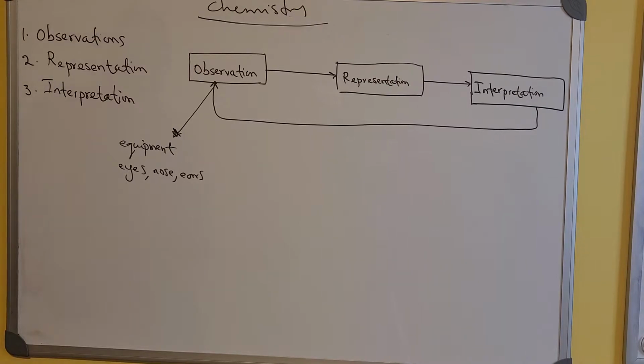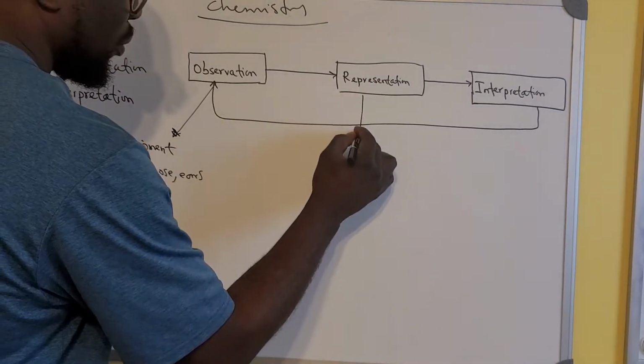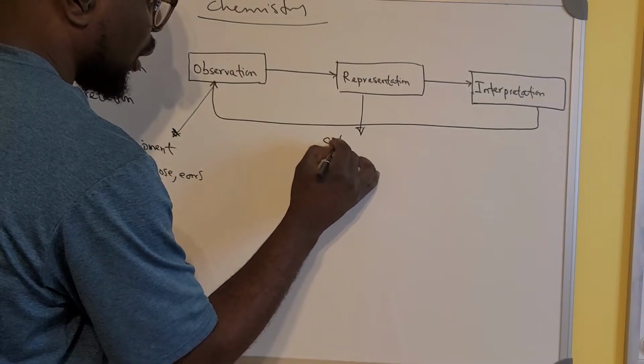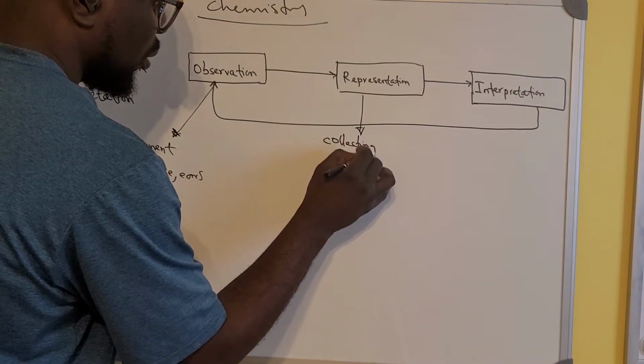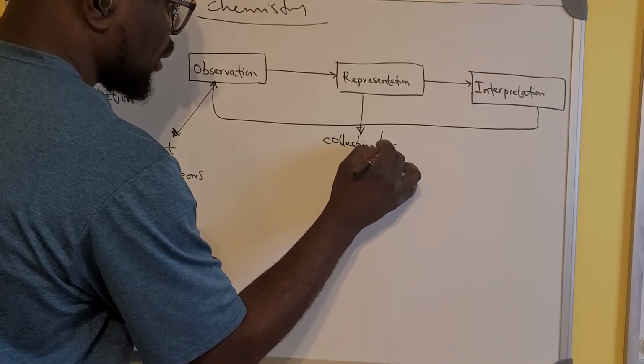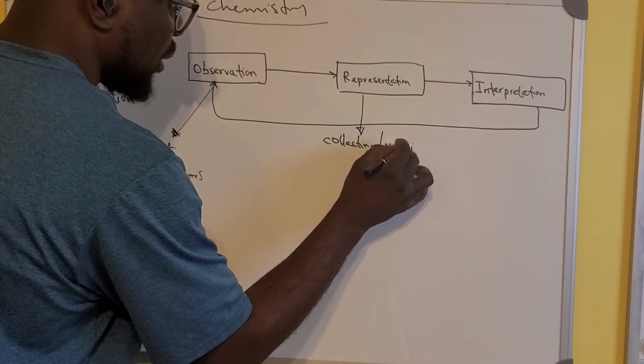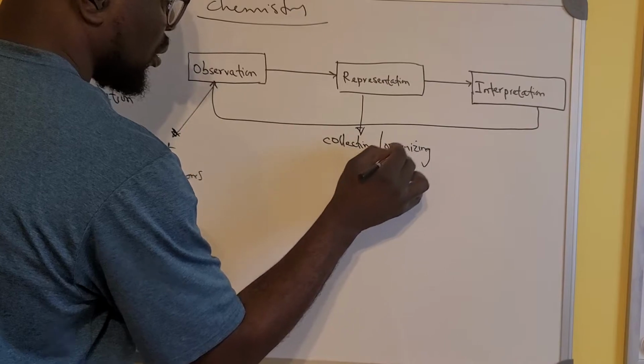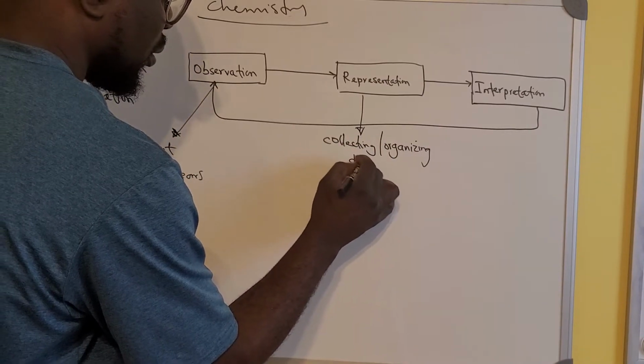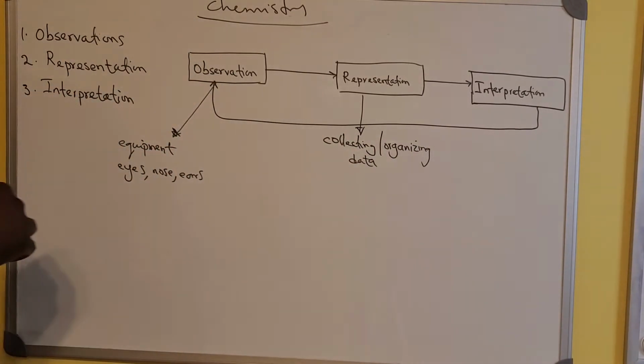Then, representation is collecting data. So you're collecting and organizing data. That's what the representation part is. You're collecting data, you're organizing that data.